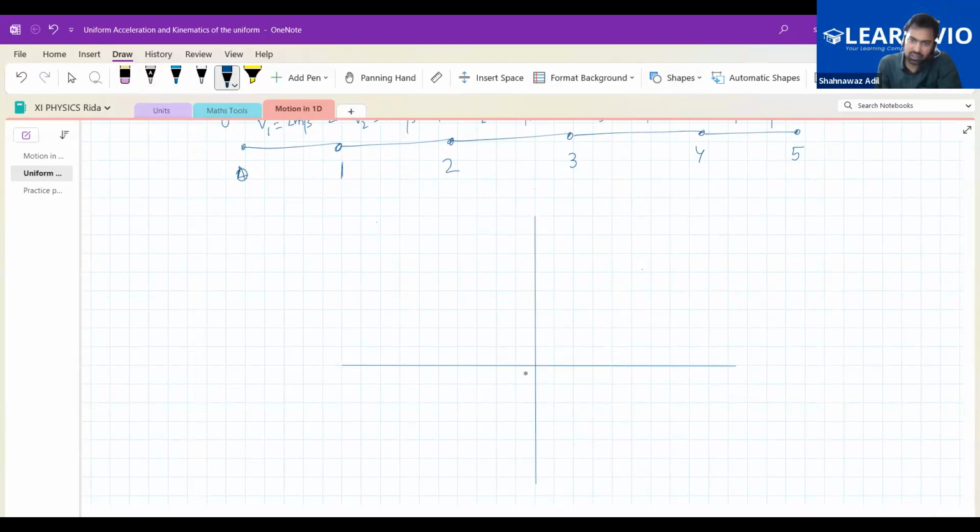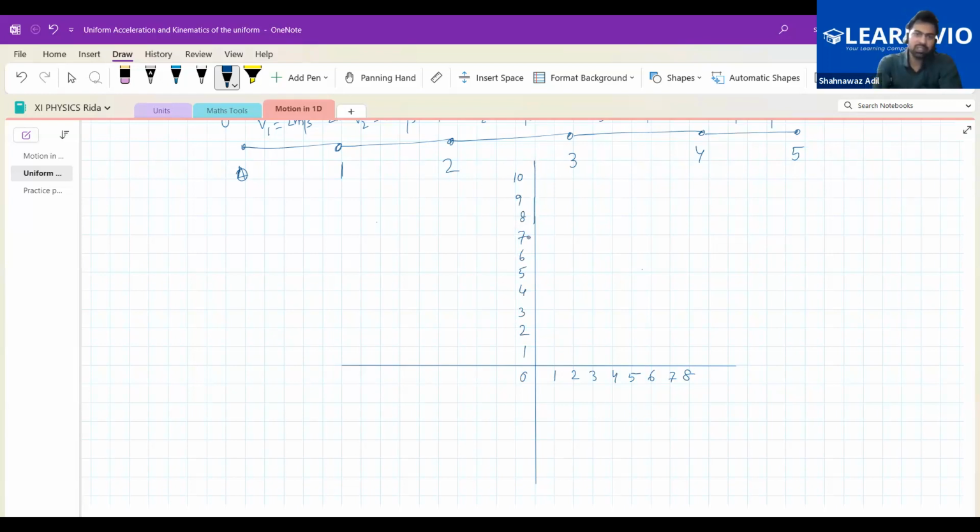Now this is 0, this is 1, this is 2, this is 3, 4, 5, 6, 7, 8. This is 1, 2, 3, 4, 5, 6, 7, 8, going up to 9 and 10.